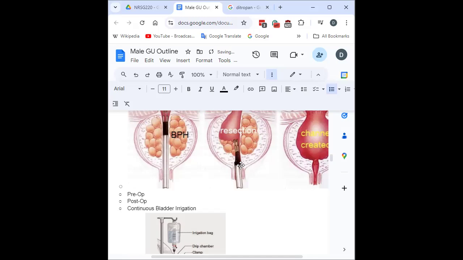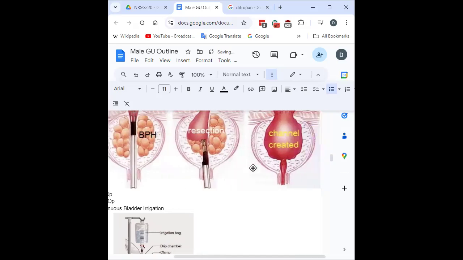Yeah, it says they're able to do just part of it rather than the whole thing. The TURP is typically not removal of the entire prostate, just the parts that are obstructing. So this part here is technically the prostate, and they're just getting rid of some of the overgrowth. This little plum-looking thing is still your prostate.